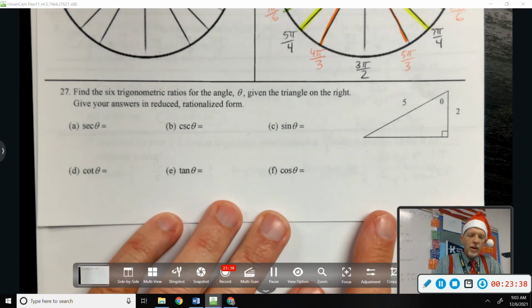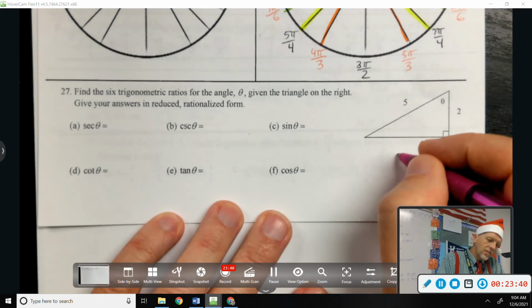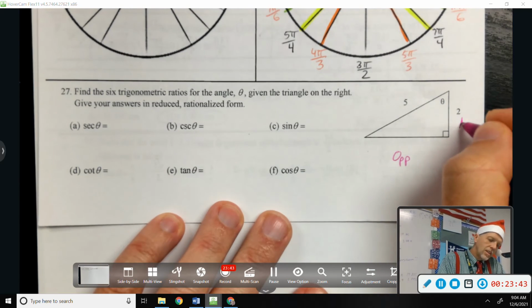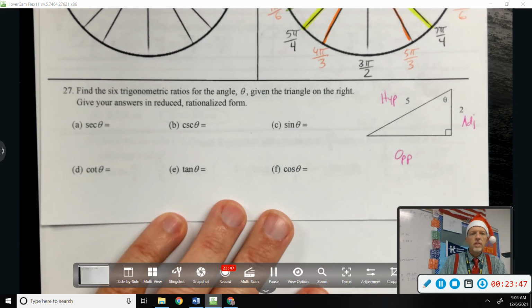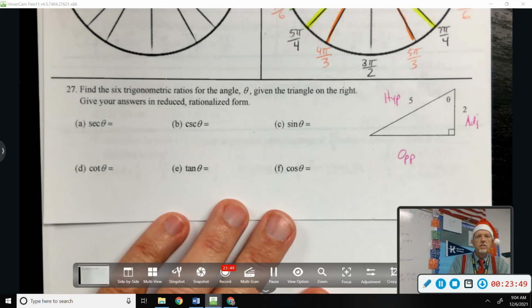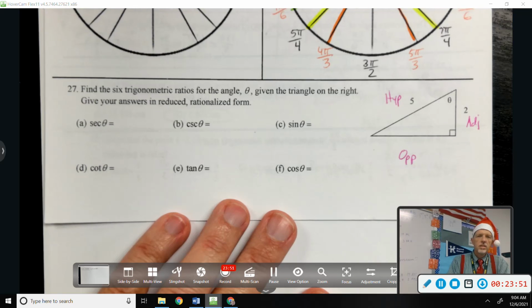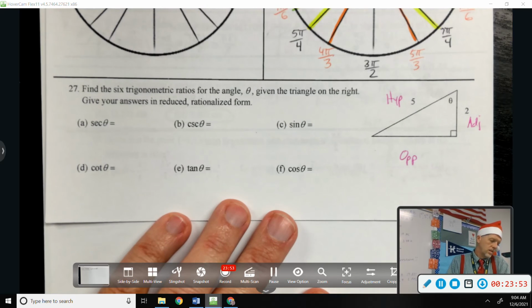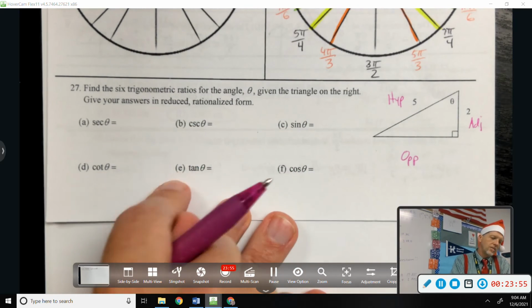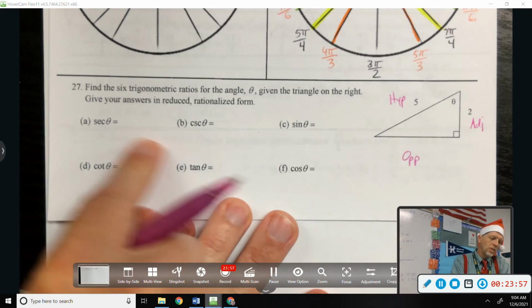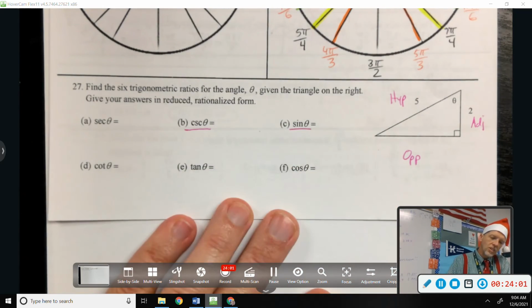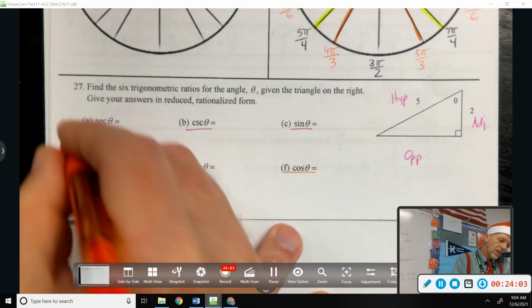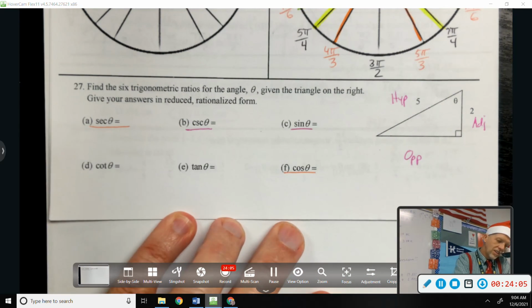Just be careful about where the theta is. That means this side is opposite. This side is adjacent and this side is hypotenuse. They also kind of try to jack us up by not putting the partners together, right? Sine and cosecant go together. Cosine and secant go together.